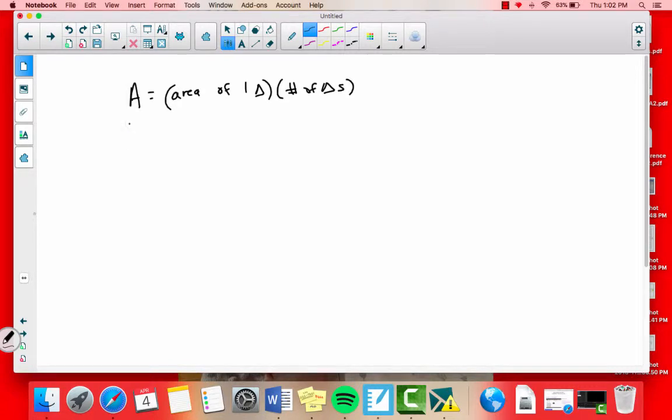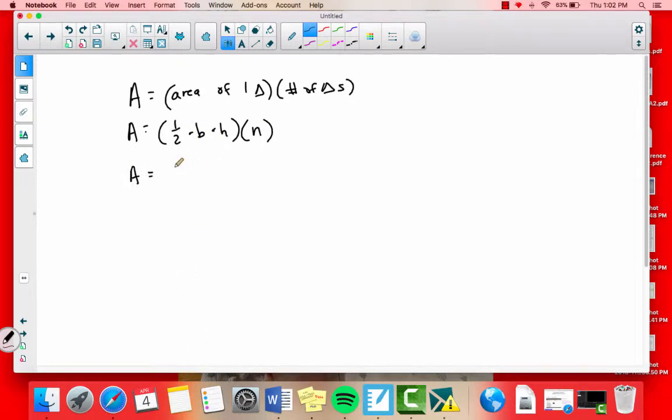So what we're going to do is fill in the information we have here and then just morph it into our final formula. So we said the area of one triangle was 1/2 times base times the height, and we know the number of triangles was the number of sides, which we said was n.